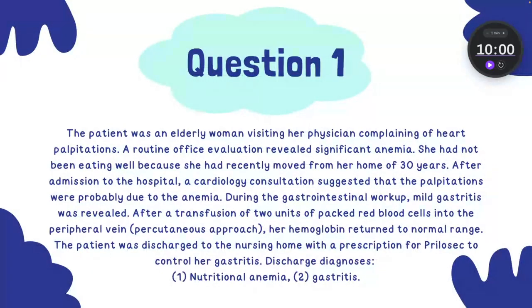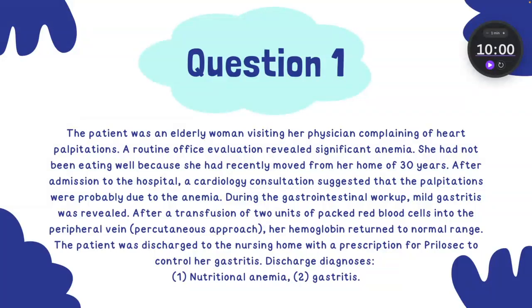So we have an elderly woman visiting her physician complaining of heart palpitations. A routine office evaluation revealed significant anemia, which reminds me I do have a file for you that I'll upload into Blackboard that talks about normal laboratory values.